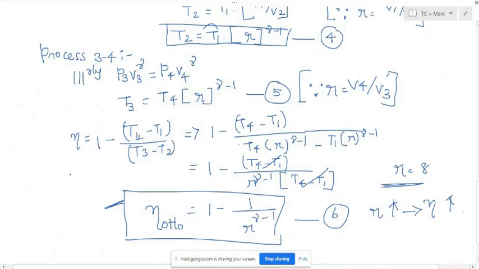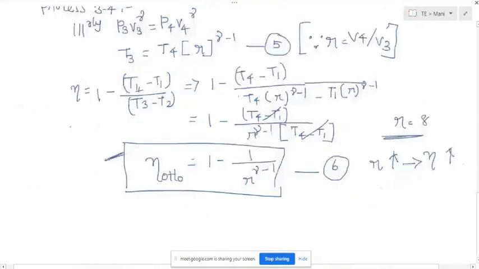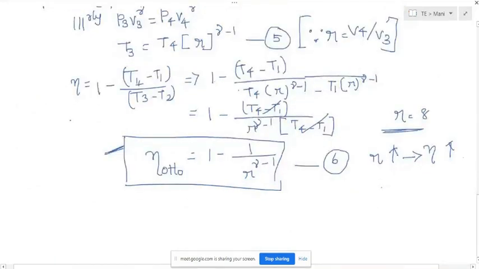I already told you at the start of the section that in an OTTO cycle we are going to derive the efficiency, the mean effective pressure, and the work done. The first part, the efficiency of an OTTO cycle, is finished, and next we are going to see the work done calculation.